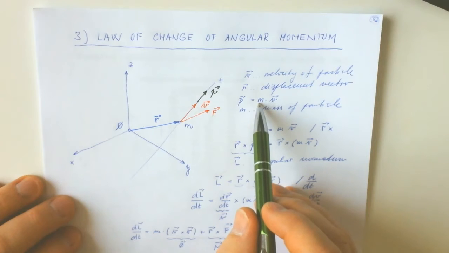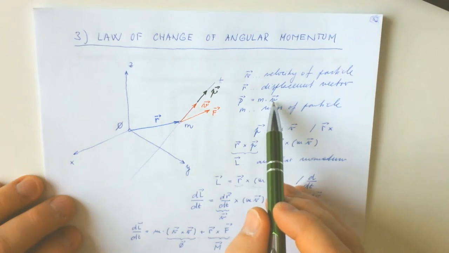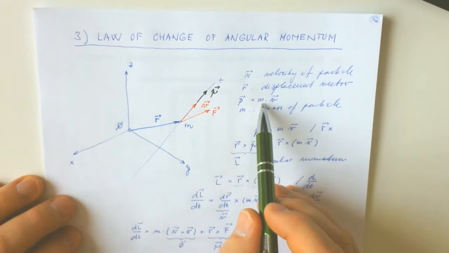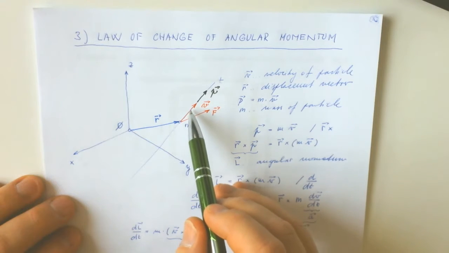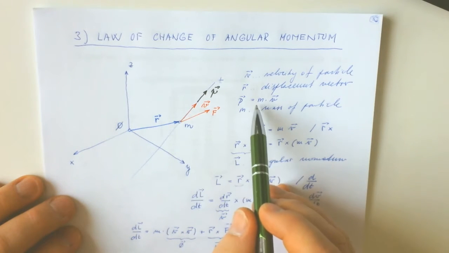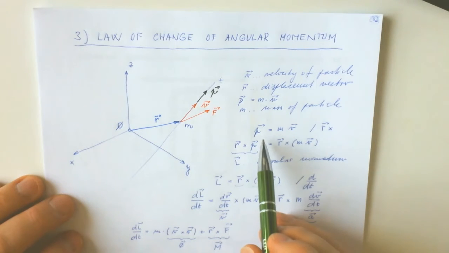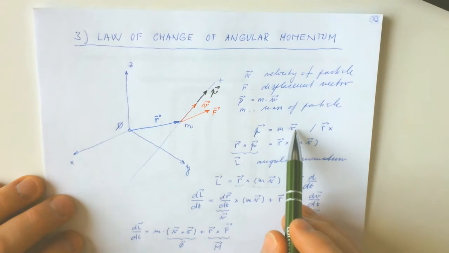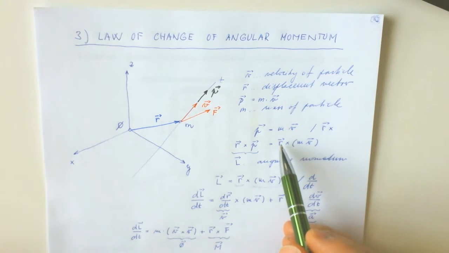So p is 5 or 10 times greater if my mass is 5 or 10 respectively. So it keeps direction, and p is also on the tangent but has a different size if the mass is not 1. So m is the mass of the particle, and momentum p is m by v, mass by velocity. Okay, so we knew this.